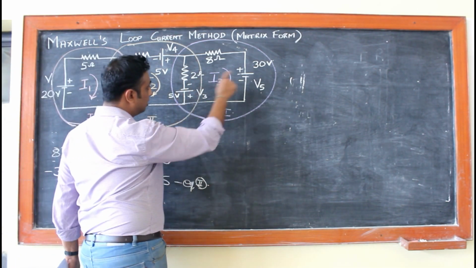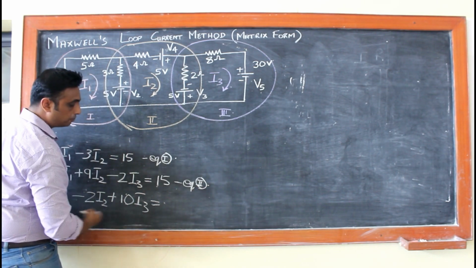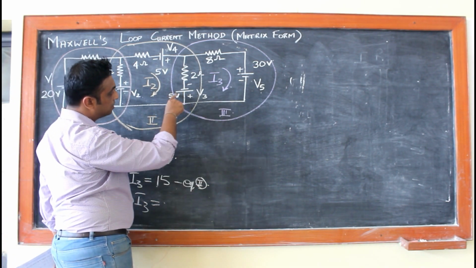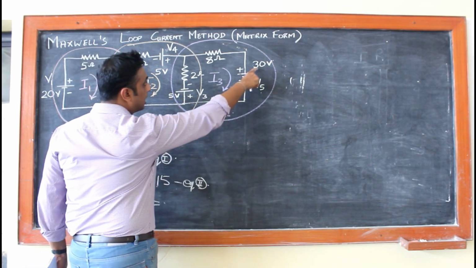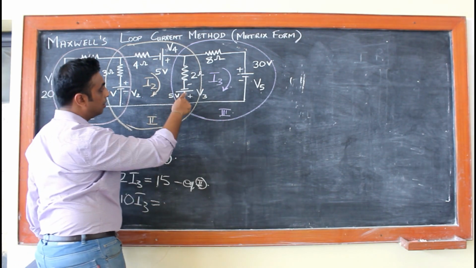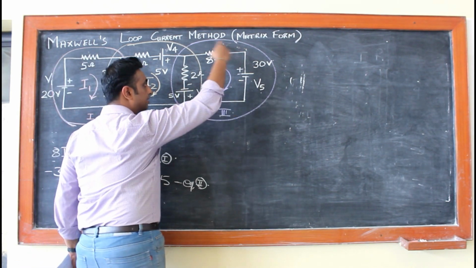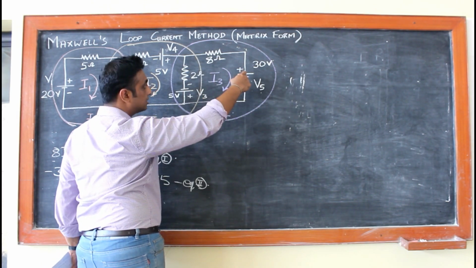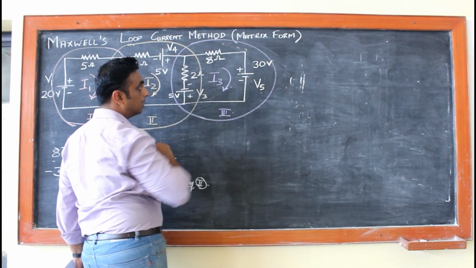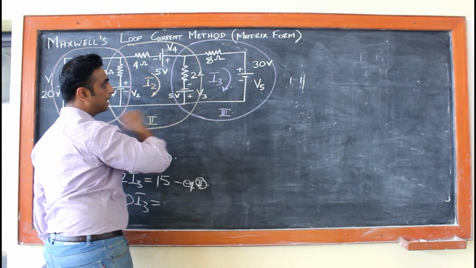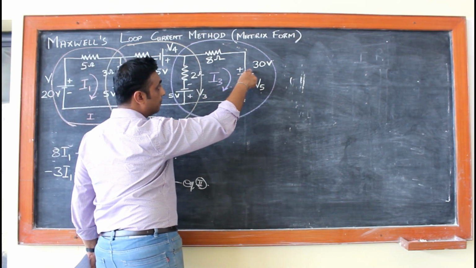Now we have to see the voltage sources. We took the drops, now we have to see the voltage sources. If you see, you have 5 volts and 30 volts. Now check the polarities. Current flows from positive to negative, so this is in an anti-clockwise direction, which is in opposition to current I3. So it will be minus 5. What about 30?